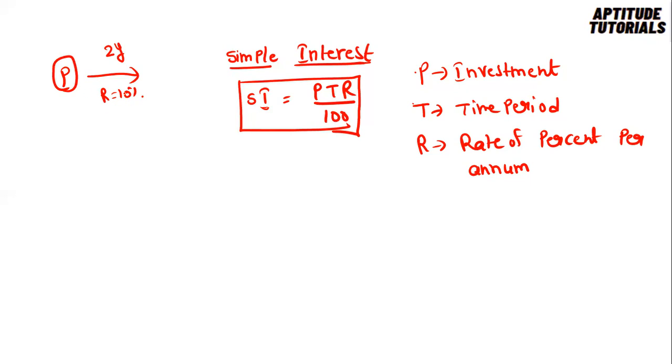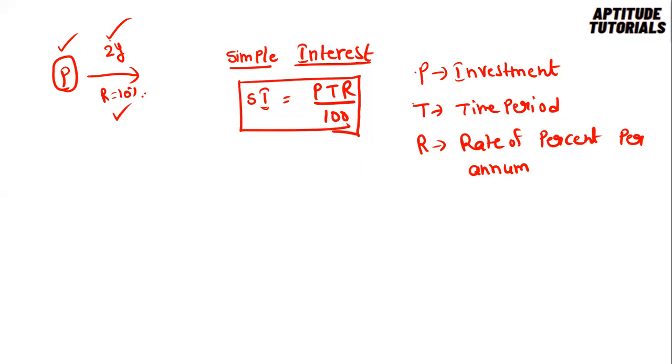I have taken it as 10% generally. As you are taking other people's money and keeping it with you for 2 years, you have to pay them the interest. So this is the principal which we invested, or which started the interest calculations, and we can call it investment also.